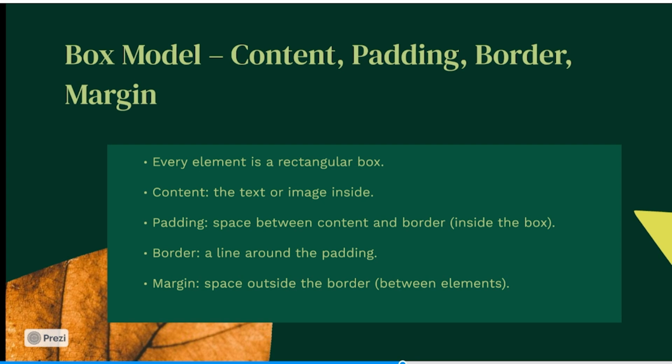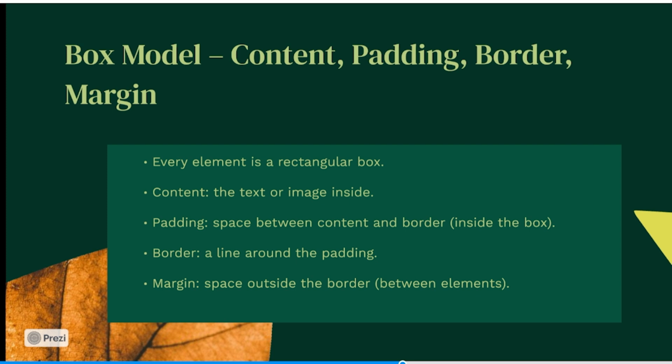Now, box model content. In CSS, the box model is a very important topic, one of the most important topics. Every HTML element is treated as a box. The box contains content, padding, border, and margin, the four parts.